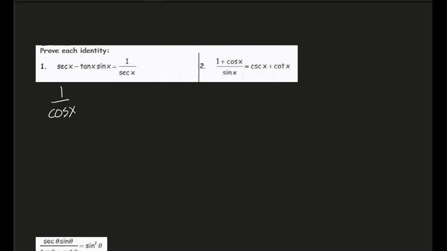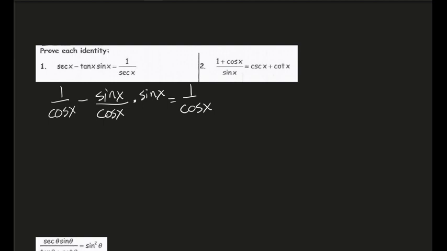Don't forget your x or your theta or whatever variable we're using. So here, secant of x is 1 divided by cosine of x. Tangent of x is sine of x divided by cosine of x. And then we still have that multiplied by sine of x equals 1 divided by cosine of x.